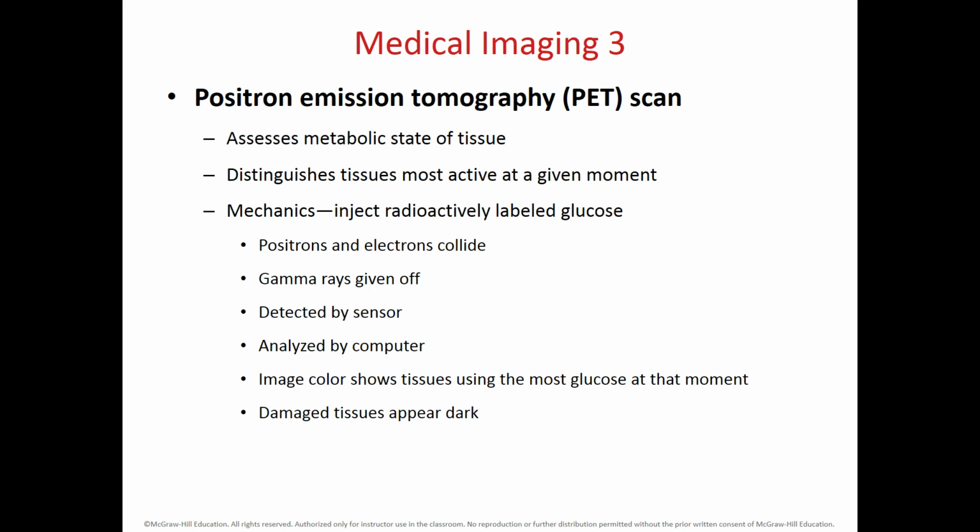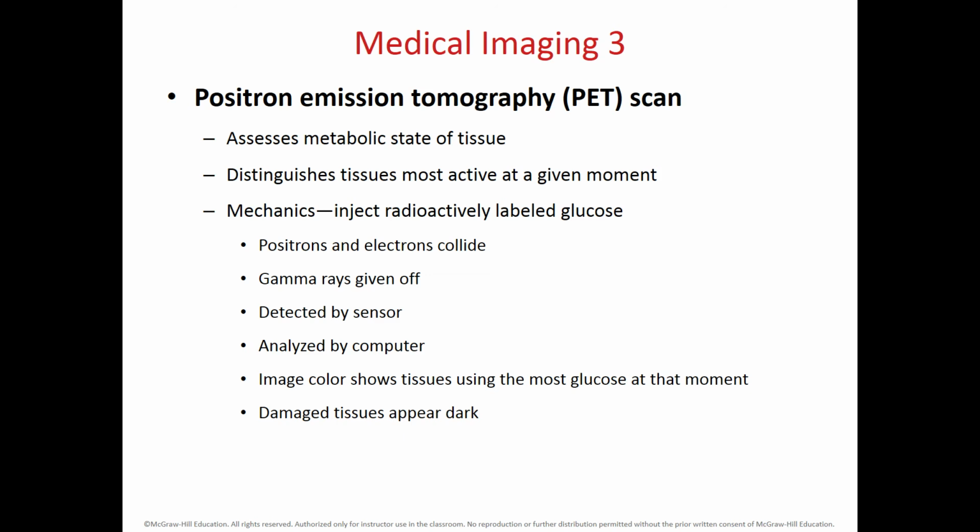You can inject glucose that is radiolabeled, and tissues that are very active can take this glucose much easier than non-active tissues. You can, for instance, infer if someone has a tumor, because tumors are tissues that are more metabolically active than non-tumor cells.